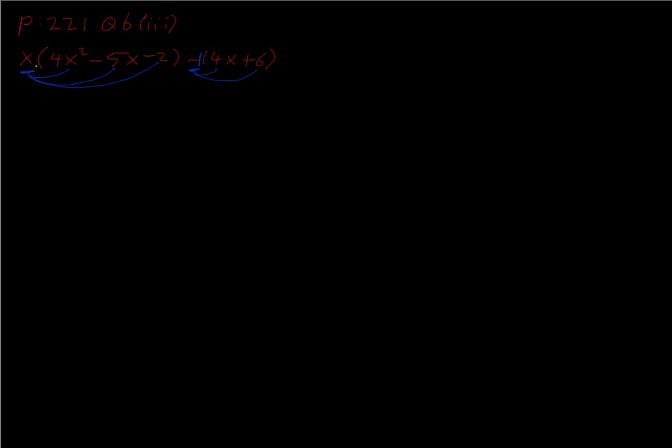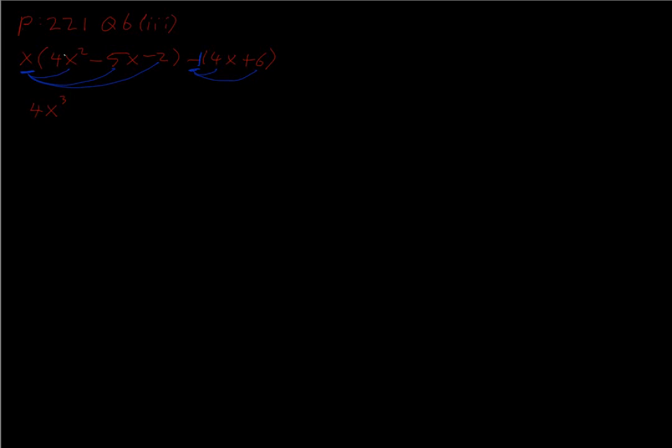So we have x multiplied by 4x squared, and we know that x squared means x multiplied by x twice. So if we multiply again by x, we're going to have 3 x's multiplied together. So we'd have 4x cubed. We put up a little 3 here because we now have x multiplied by x multiplied by x multiplied by 4.